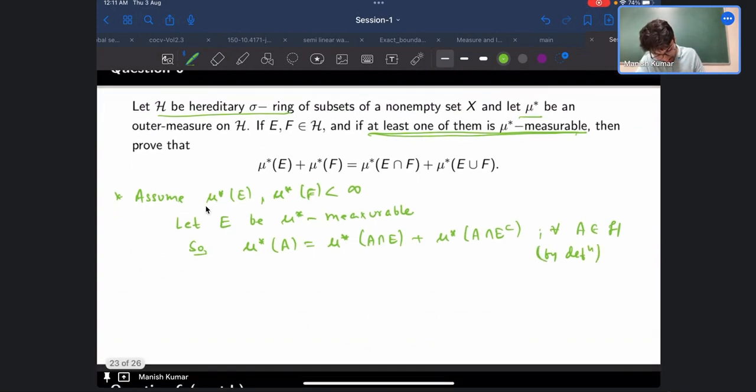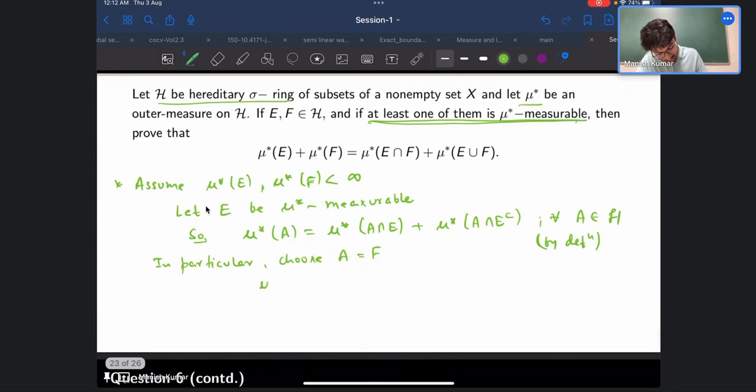So now in particular, choose A equal to F. What you get is mu star of F is equal to mu star of F intersection E plus mu star of F intersection E complement. So this is one equality.